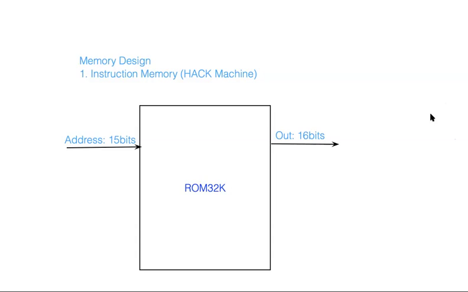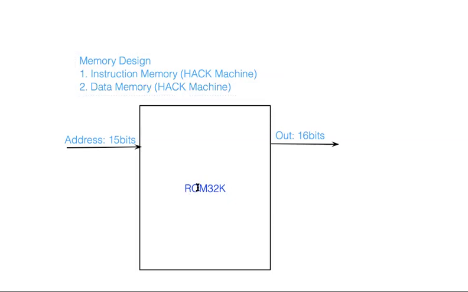Now we look at the memory. Not only for the instruction, right? We also need to build for the data. So this is data memory. Of course, this is still for our Hack machine. Data memory is a little bit complicated, because compared to the instruction memory, you need not only to read from the data memory, but also to write into it.